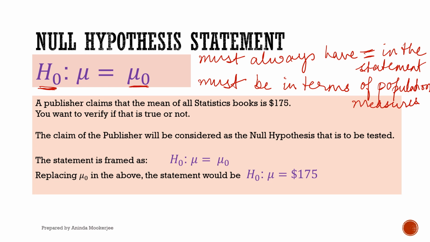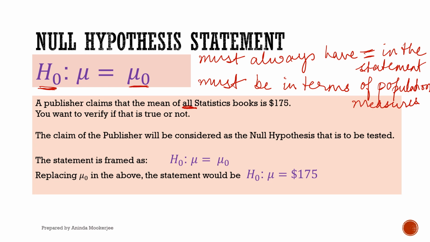Now here's an example. It says a publisher claims that the mean of all statistics books is $175. You want to verify if that is true or not. So the established mean, according to a publisher, of all statistics books is $175. Now the fact that they have used the word all here implies the population mean of all statistics books out there, according to a publisher, is $175.